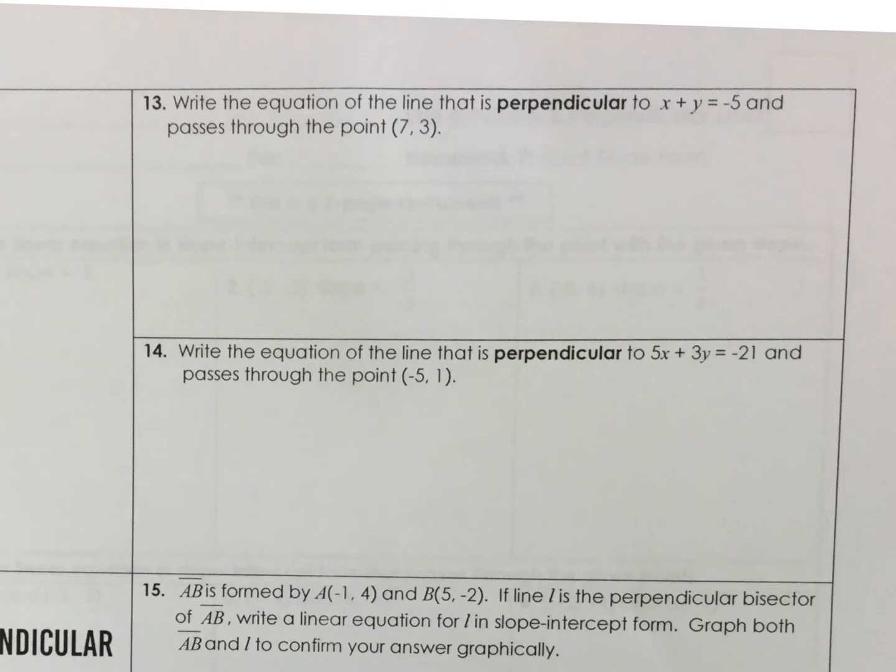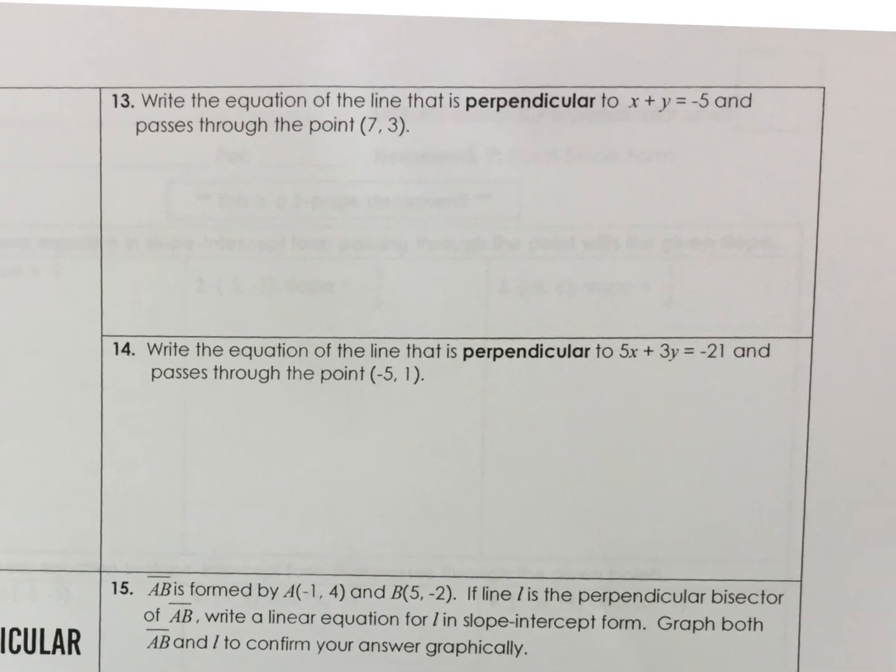All right, on this page I'm going to do one more practice and then you'll have one more to do on your own. This one is not, sorry, in y equals mx plus b. So I'm going to subtract that x, and I'm left with y equals negative 1x minus 5.